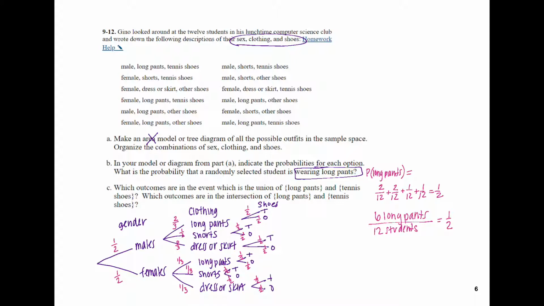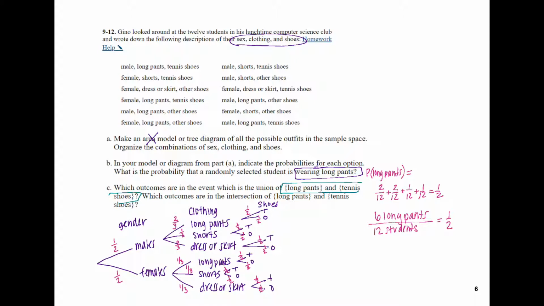Question C says, which outcomes are in the event which is the union of long pants and tennis shoes? So when we look at the union of long pants and tennis shoes, we want to observe the combinations that are wearing long pants or tennis shoes.